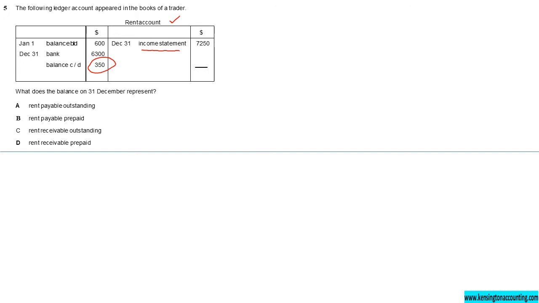Therefore, on the income statement, we'll have an equivalent entry of rent on the debit side. Now, any entry on the debit side of the income statement would be equivalent to an expense. Therefore, this is an expense.